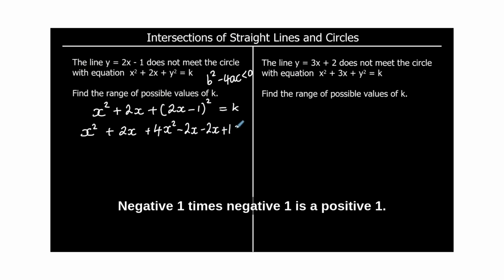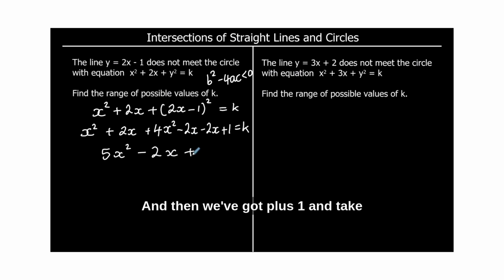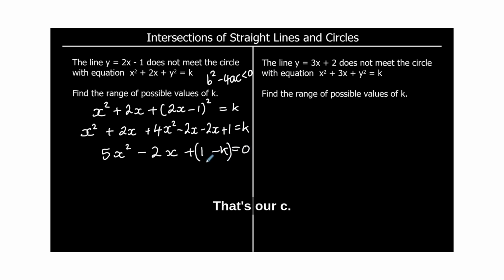Negative 1 times negative 1 is a positive 1. So collecting the like terms, we've got 5x squared. We've got 2x minus 2x minus 2x, so that's negative 2x. And then we've got plus 1 and take away k. So 1 minus k. That's our c.